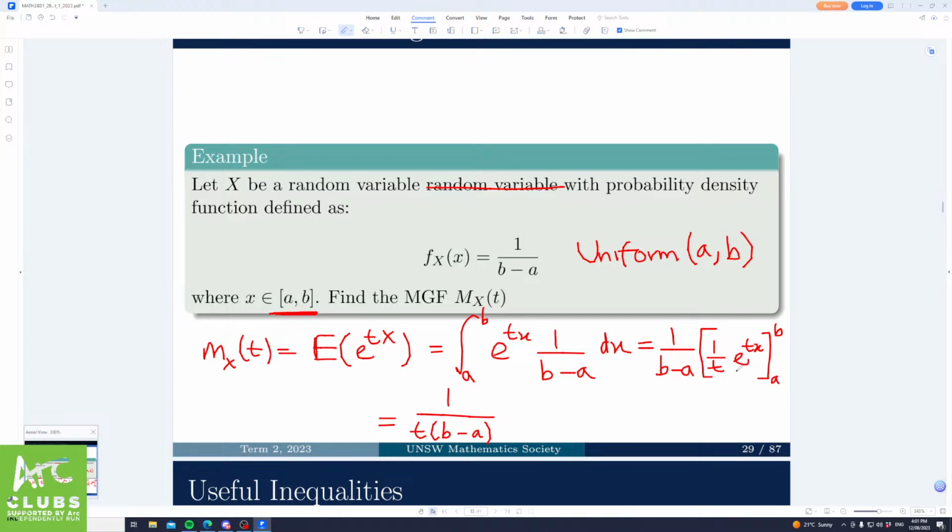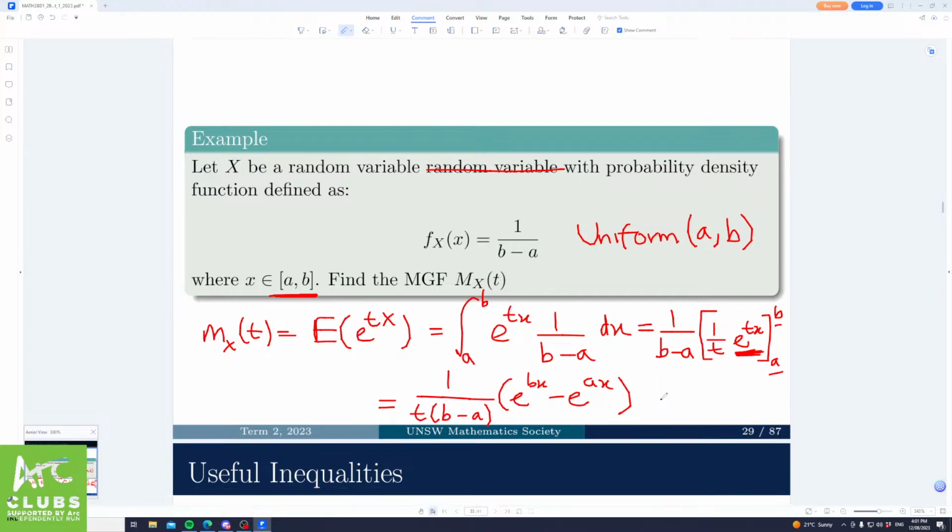And so I'm just evaluating this e to the tx between a and b. Now when I sub in the b, I get e to the bx minus, and then when I sub in the a, I get e to the ax. And that's our moment generating function for a uniform distribution.